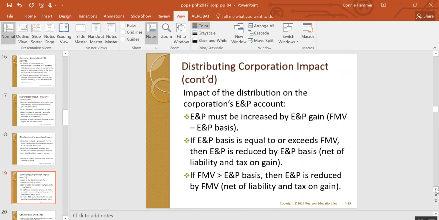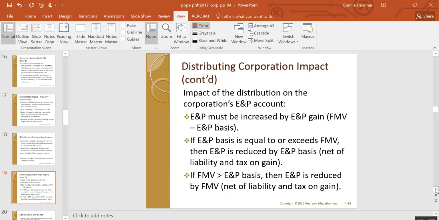And then the impact of the distribution on the corporation's E&P is this. The E&P has to be increased by the E&P gain, so the fair market value minus the E&P basis of the distributed property must be increased.